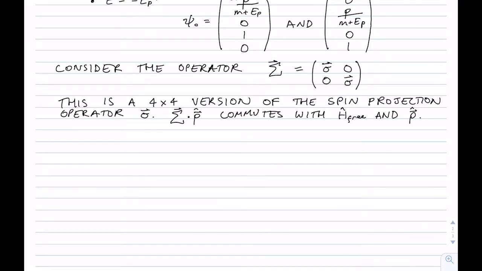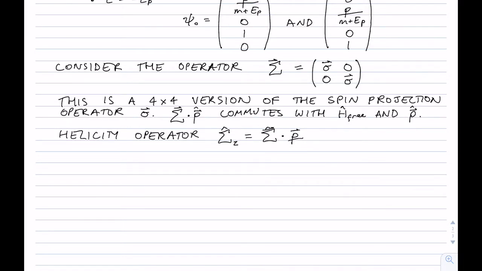And that means that another good quantum number can be formed from the helicity operator. The helicity operator is defined as sigma z, where z means in the direction of p, because we chose that, which is the same as sigma dot p, this vector operator, over the magnitude p.